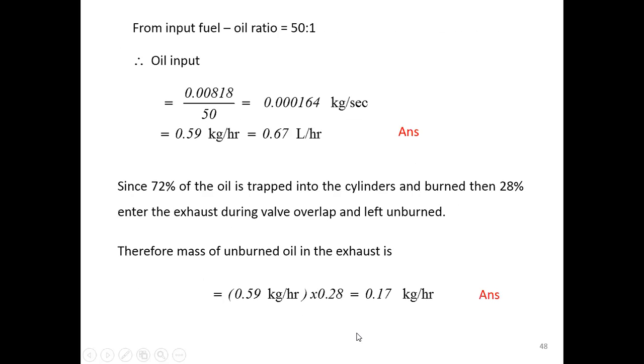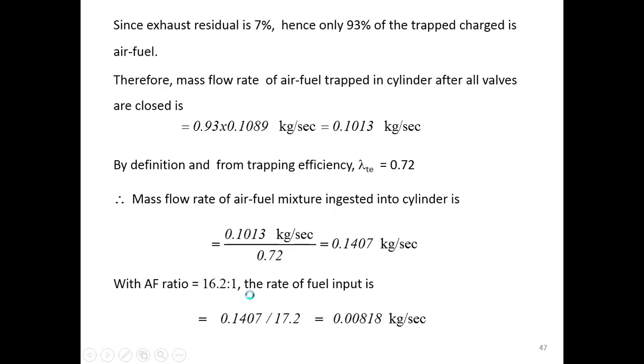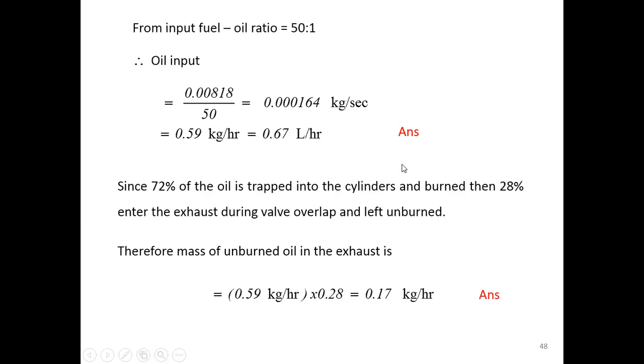With the rate of the fuel input, we already know the input fuel to oil ratio is 50 to 1. So the oil input will be the fuel input divided by 50, because it's 1 part oil for every 50 parts fuel.